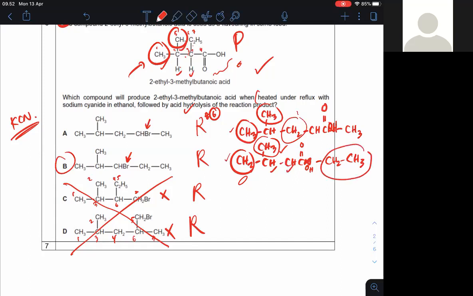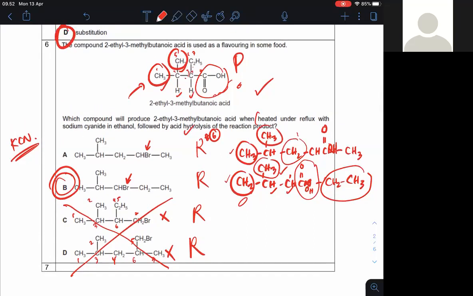This is C2H5. It can come directly to this carbon and then followed by carboxylic acid, so that is going to be the answer. Can you guys understand? B. Number 6, yes. This one is wrong because it has CH2. There's no CH2 here. So this is the molecule that we are looking for, and the answer is going to be B.